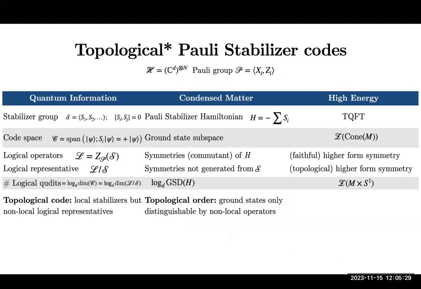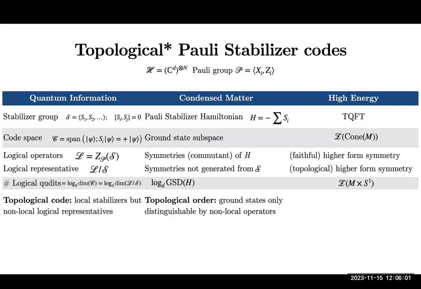Just so that I can get everyone on the same page, I've attempted to make this a three-way dictionary between what people usually talk about in different communities, but hopefully is the same thing. Starting from the quantum information side, you start with some Hilbert space, which is some qubits, and you define the so-called Pauli group, defined as the Pauli operators on each site.